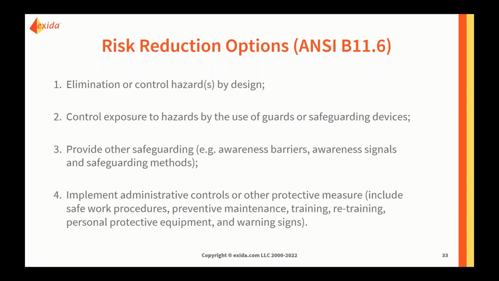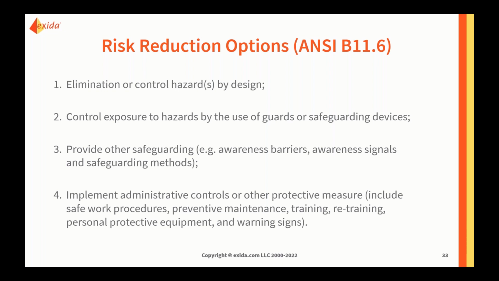And absolutely at the top of that priority list is the question, is there a way I can eliminate that hazard by doing something differently, or substitute some other method that has a lower inherent risk associated with it? So that elimination substitution at the design level is the first thing that we would want to consider, and layer of protection analysis can absolutely analyze the effectiveness of that option.